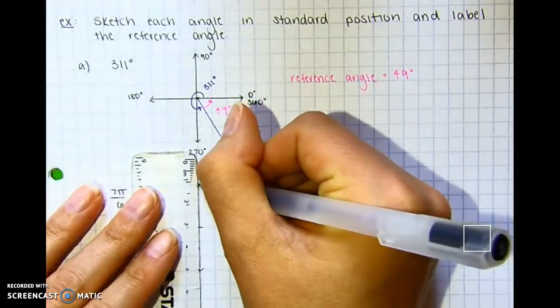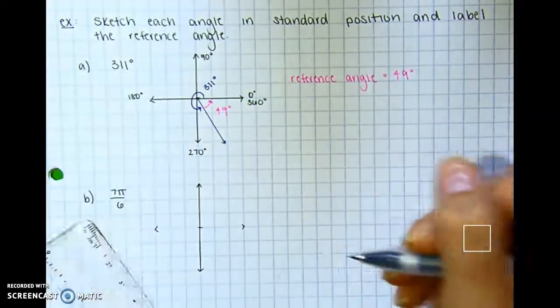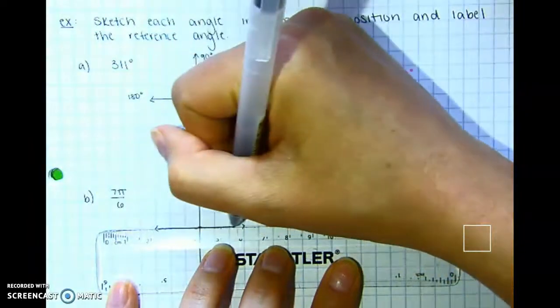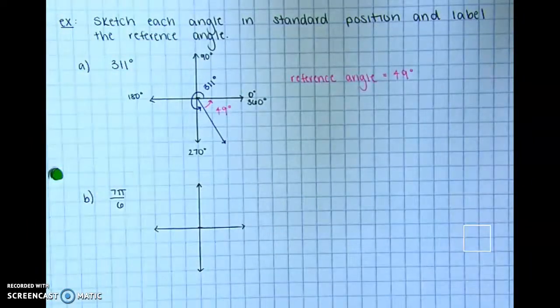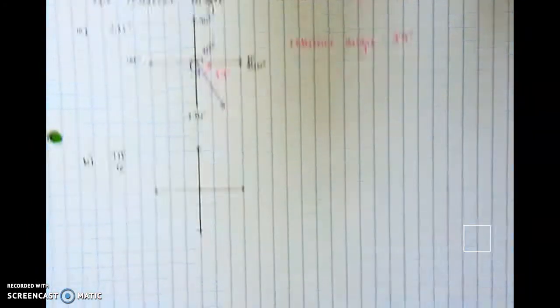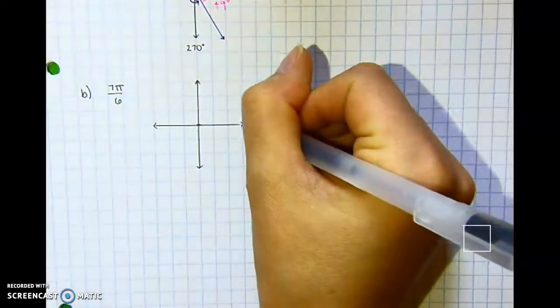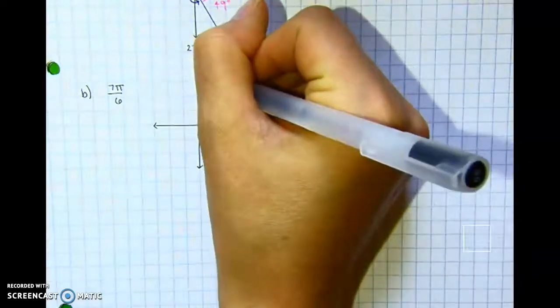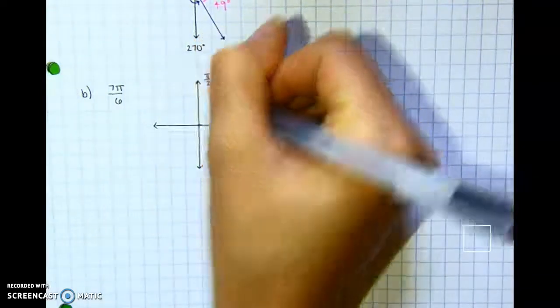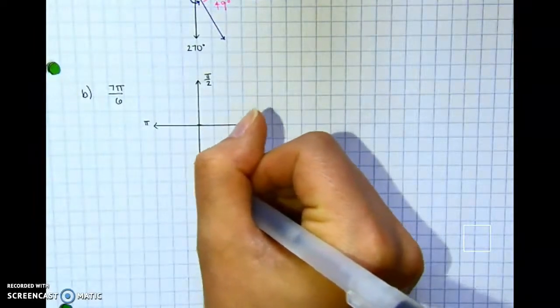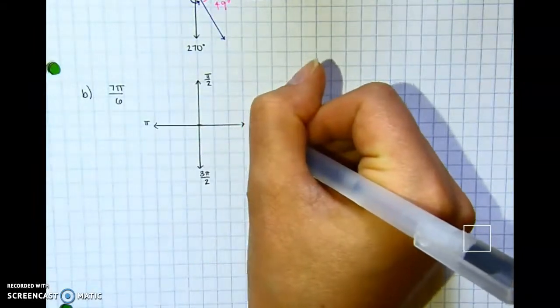Because I'm working with radians, I'm going to do the same thing I did in the first example, but I'm going to label everything in radians. We don't want to convert, we want to get used to radians. So this is 0, pi over 2, pi, 3 pi over 2, and 2 pi.